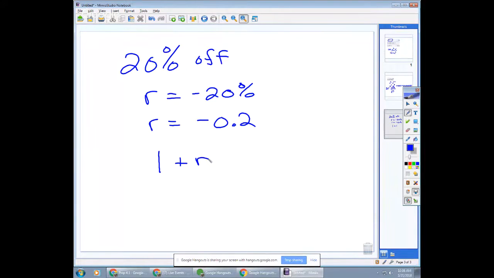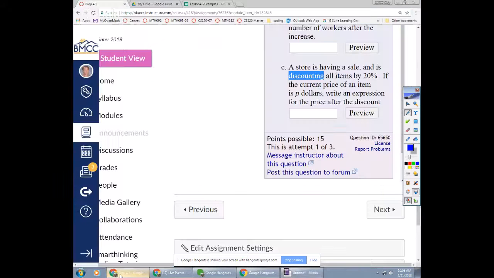R is negative here, so I get 1 plus negative 20%, which is the same as 1 minus 20%, which gives me 0.8 or 80%. That's the multiplier. So that means if you get 20% off, you pay 80%, is what we figured out there. Here they want us to apply that by saying if the current price is P, what's the new price?